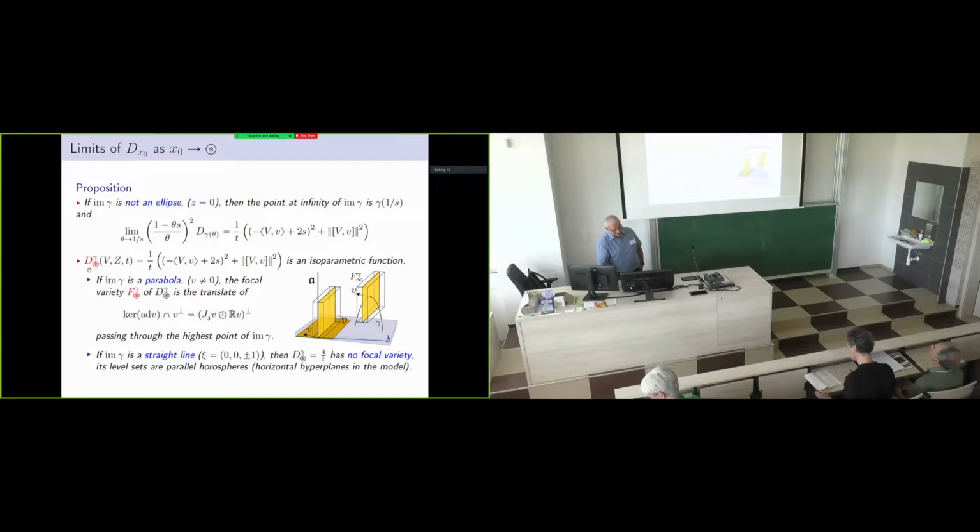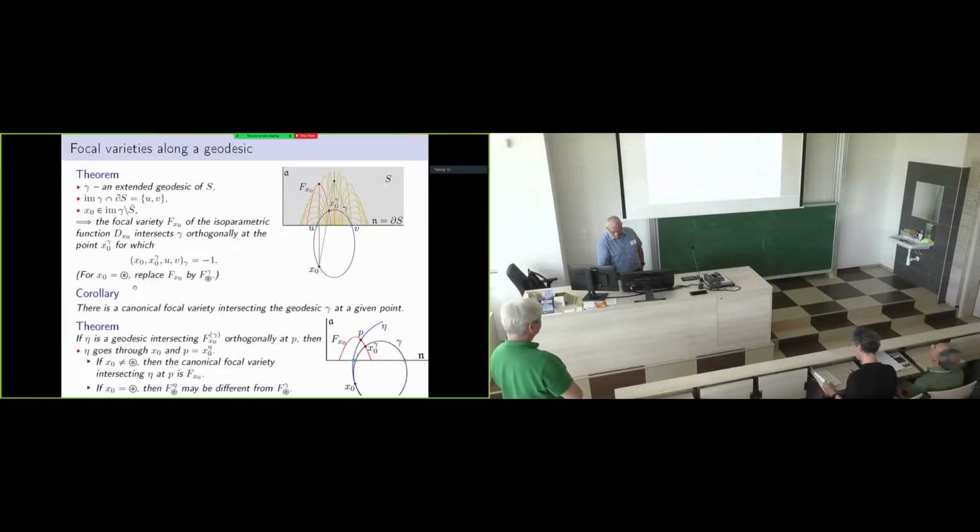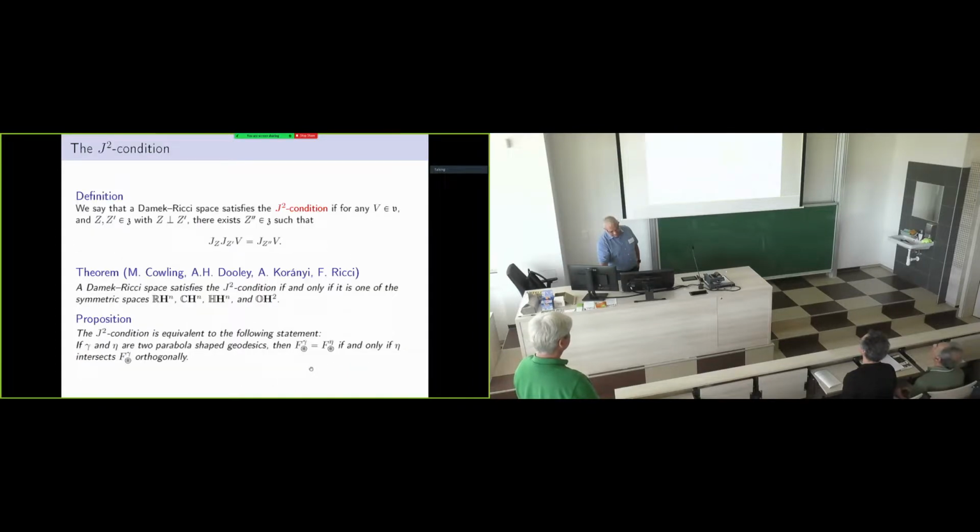That's why we introduced the notation d gamma. And it turns out that a similar picture is not true when x0 is the point at infinity in the a direction. But it is not necessarily true.